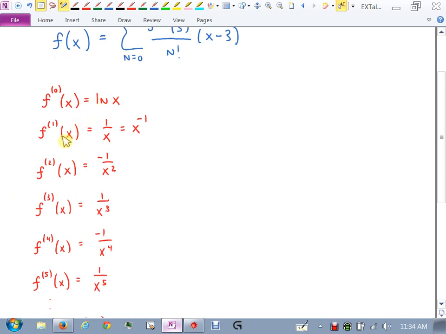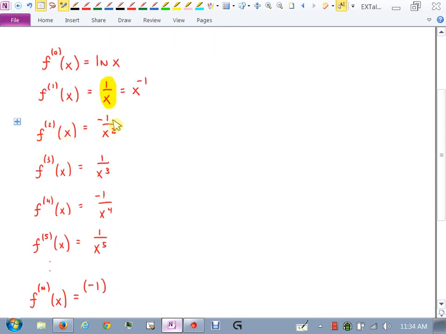Starting here, I want the first derivative to give me a positive term, the second derivative a negative term, the third derivative positive.